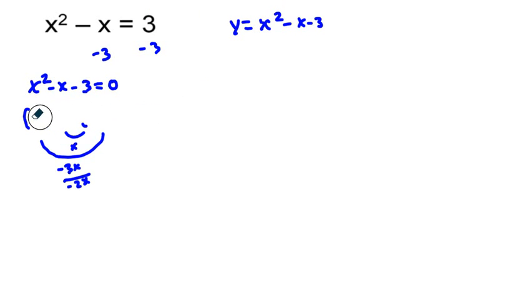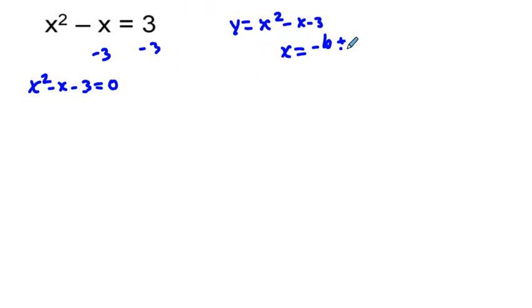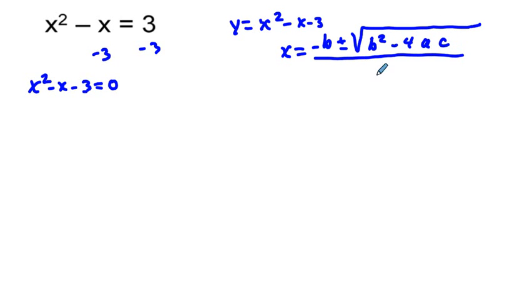If you have an unfactorable expression, you have different things you can do. Maybe the most popular is to use something called the quadratic formula. I'm going to write it at the right here: x equals -b plus or minus the square root of b squared minus 4ac, all over 2a.